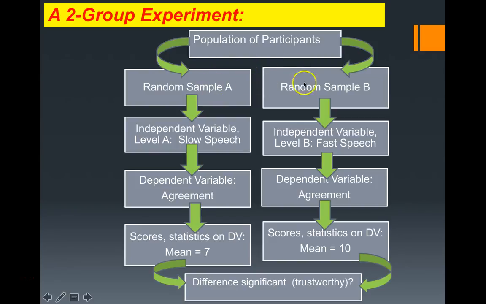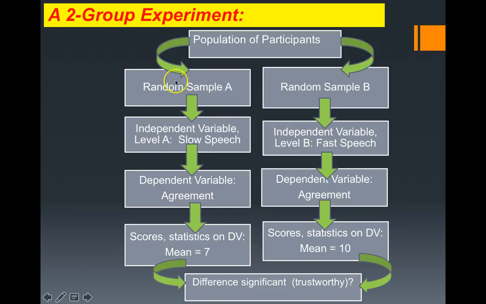So we have random assignment, which is a form of control. We're ensuring that the participants don't differ in any a priori, pre-existing way, which could explain the results we end up with.